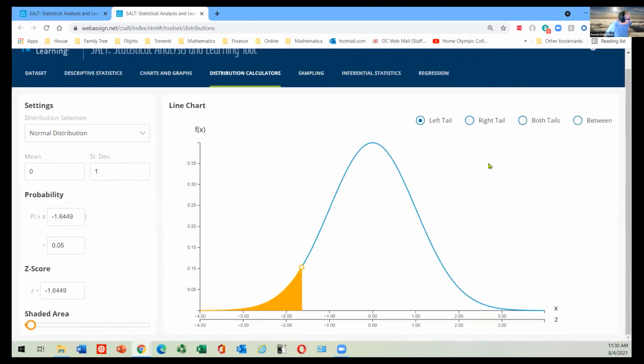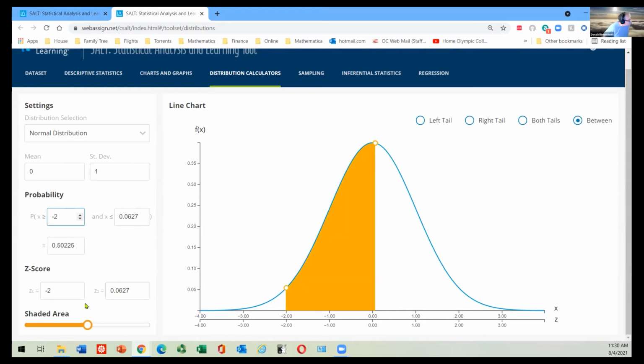Are you looking again at the normal distribution? Okay. Now, I'm going to do the between, and I'm going to be putting -2 to 2.